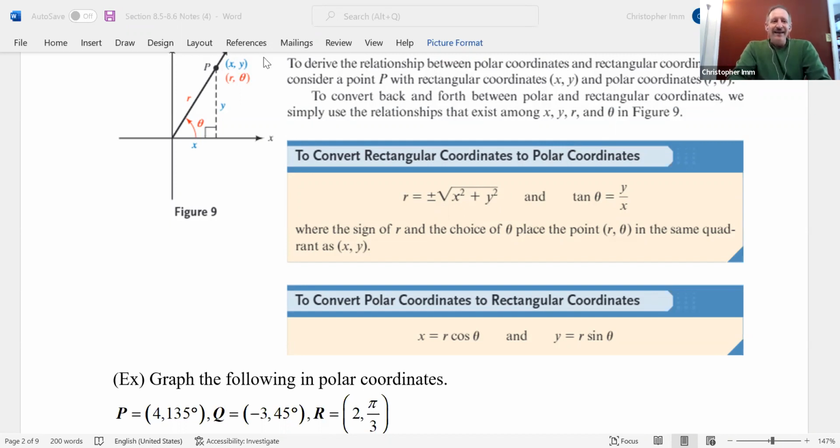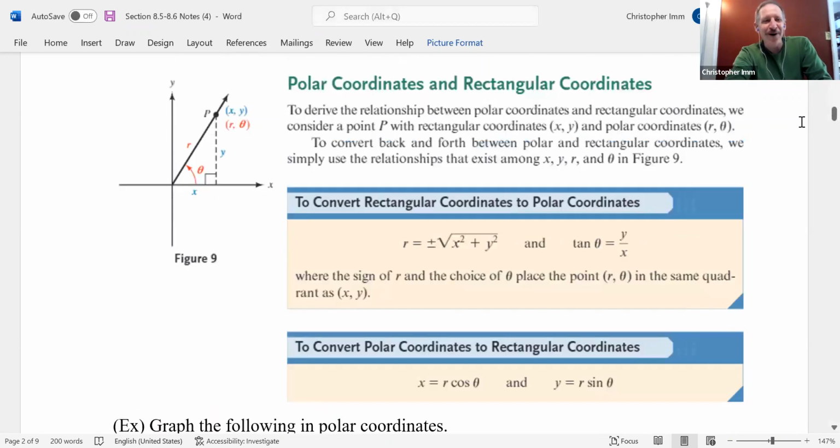All right. So just to recap, because I know it's been a while, we were talking about polar and rectangular coordinates. And we said that we can change back and forth between polar and rectangular coordinates by using these identities that we've already developed.